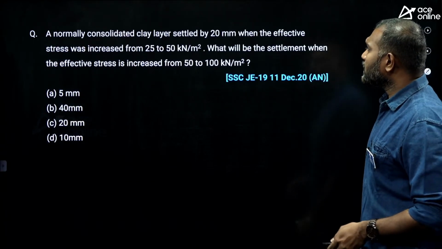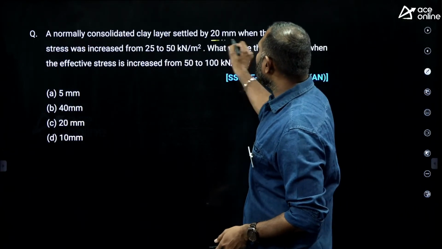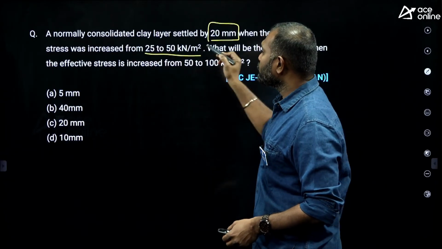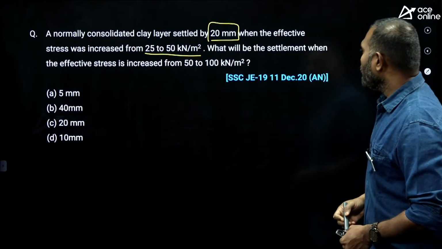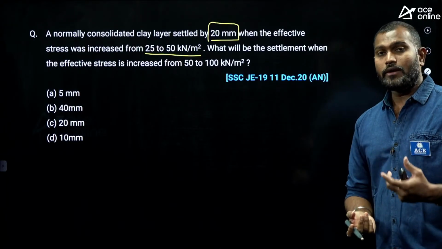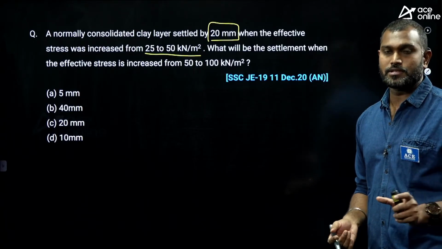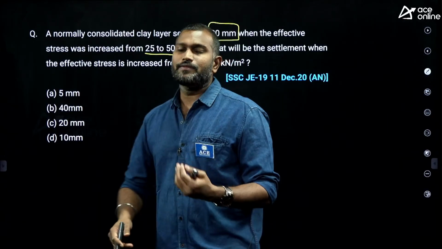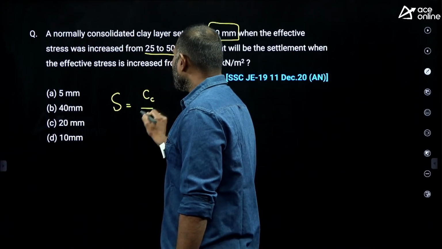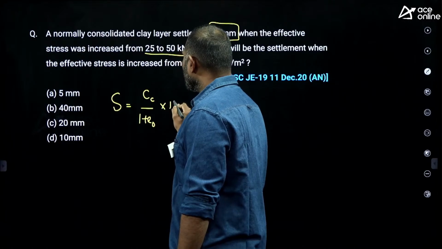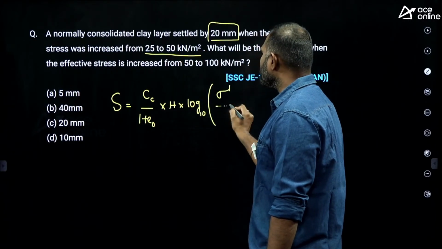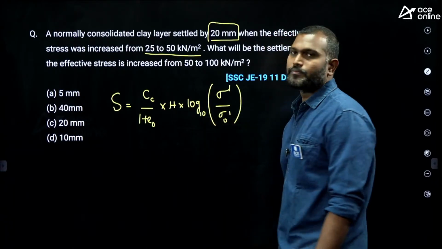Next, a normally consolidated clay layer settled by 20 mm when the effective stress was increased from 25 to 50 kg per meter square. What will be the settlement when the effective stress is increased from 50 to 100? Now it's about the settlement versus stresses. If you recollect, in the case of consolidation, there is one equation, S is equal to Cc by 1 plus e naught into H into log base 10 of final stress by initial stress.